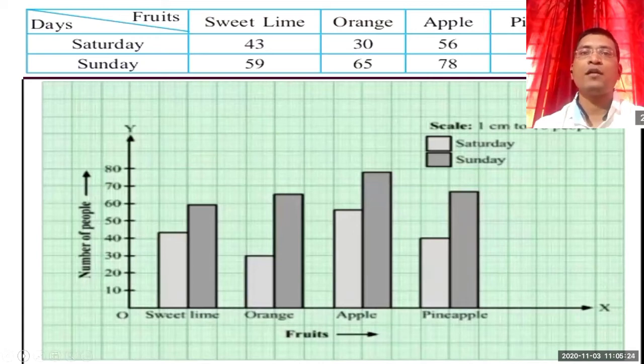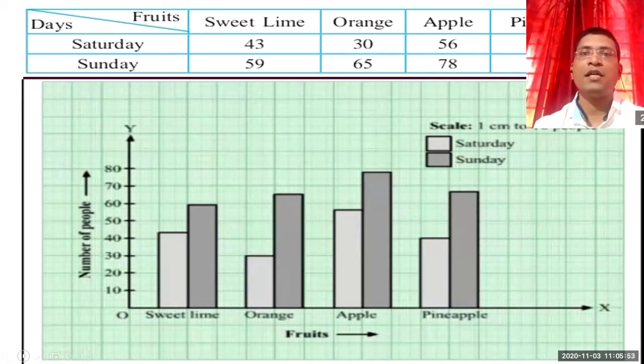Sweet lime. Look at the y-axis. What is given? Number of people: 10 people, 20 people, 30 people, 40 people, 50, 60, 70, and 80. Now look at sweet lime. Sweet lime juice is taken on Saturday by 43 people.